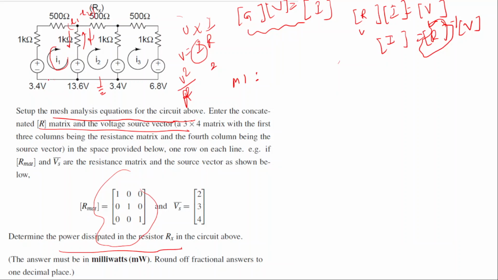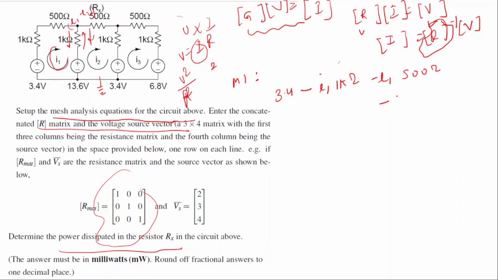There is a voltage gain of 3.4 volts, minus the drop across this, which is I1 times 1 kilo ohm, minus I1 times the 500 ohm resistor, I1 times 500 ohm, minus the current in this 1 kilo ohm resistor in the downward direction, which is I1 minus I2.